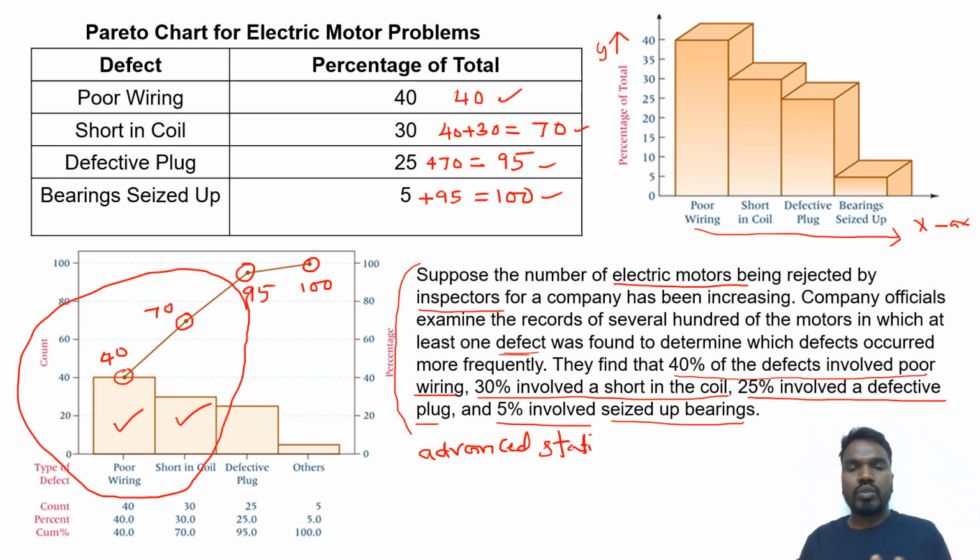So in the next session or some other session, I will take one session on Excel, on how to draw these graphs in Excel. Okay, that will give you a clearer idea, because that is a more convenient way to draw these graphs.